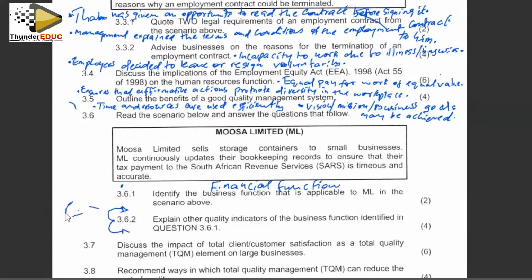We are saying that analyze strategies to increase productivity or profitability.